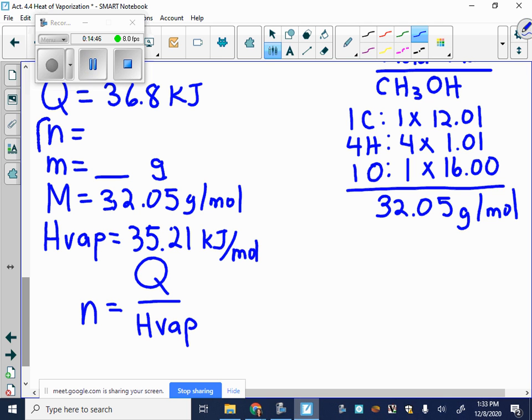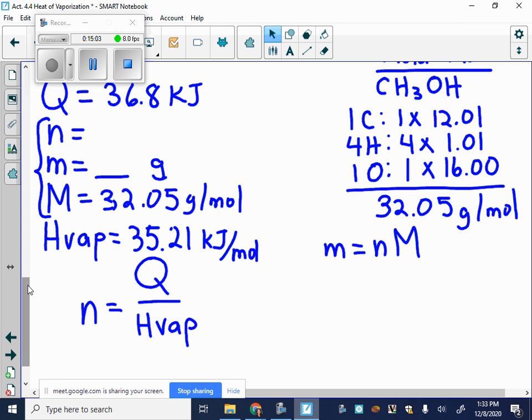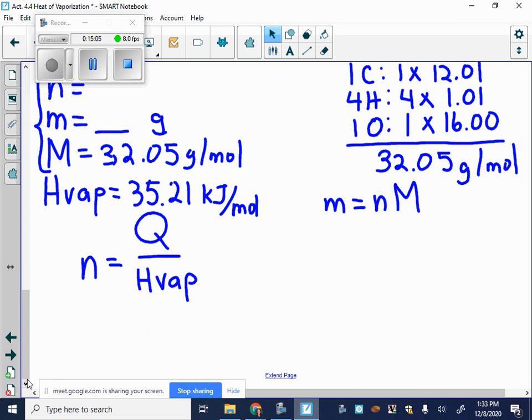Okay, so to find the mass, we need this formula actually. Mass is equal to number of moles times molar mass. We can't even do that until we find the number of moles. So we're going to start with this formula right here. Number of moles is Q divided by HVAP.